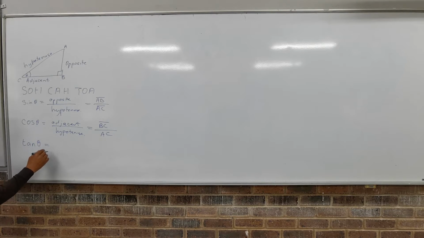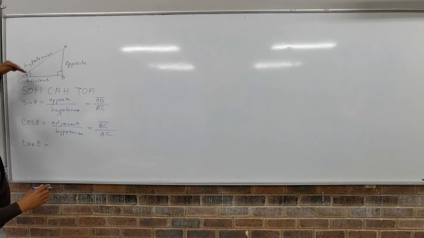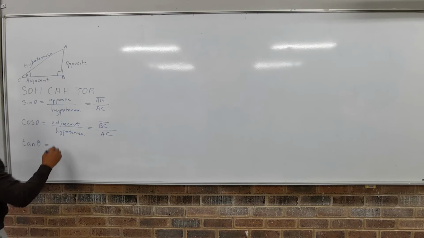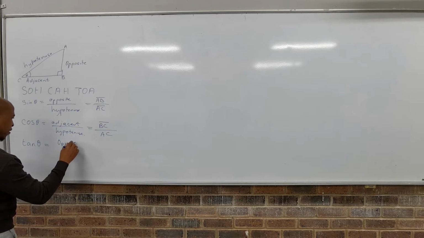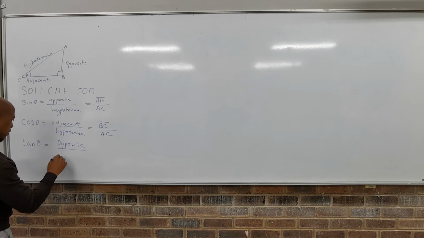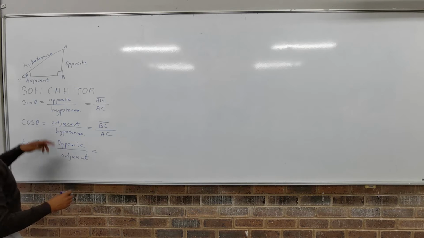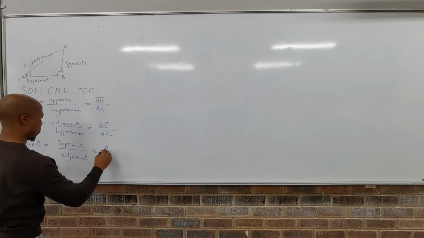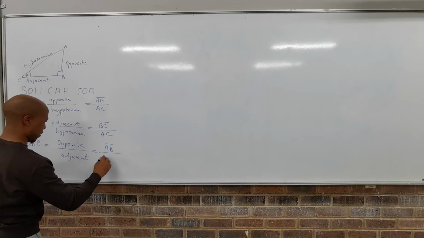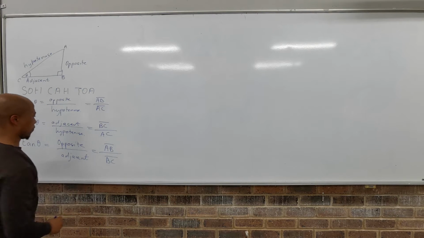So tan theta is opposite over adjacent. The opposite side is line AB divided by line BC.